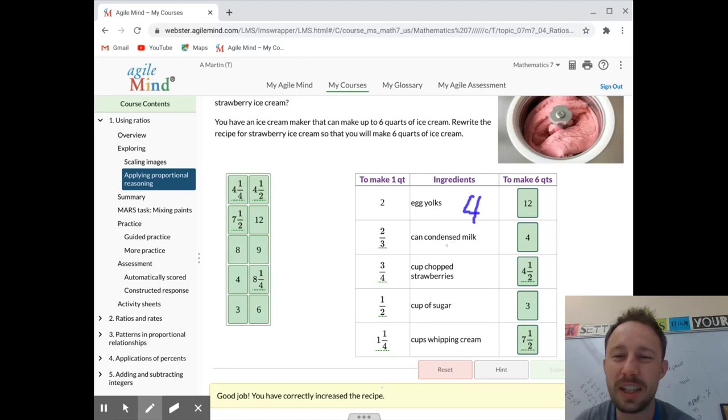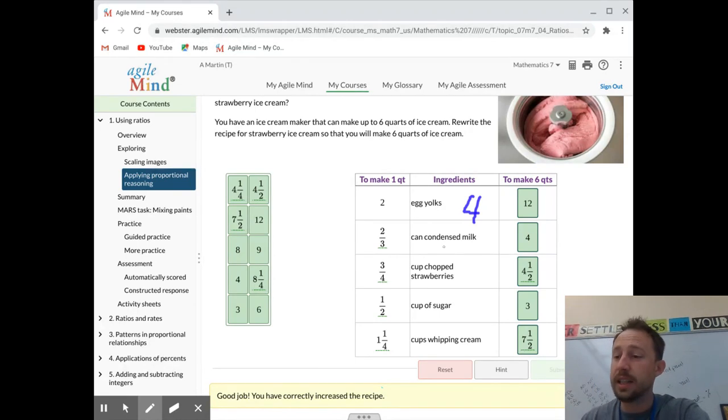Would it taste the same? No, sir. It would taste disgusting. Yeah, it would be gross. All right. So, is it important for us, when we increase or decrease our recipe, to increase or decrease it proportionally? Yes, sir. It is. If we don't, it's going to be nasty.